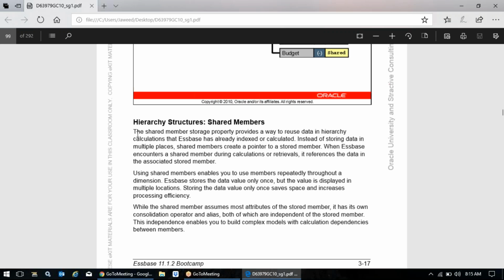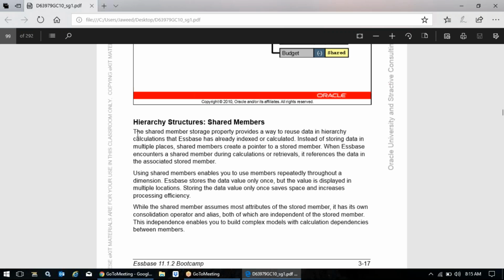So using shared members enables you to use members repeatedly throughout a dimension. Instead of having the same member over and over again, you just create a member, then mark it as a shared member. It shares the value from the original source. Essbase stores the data value only once, but the value is displayed in multiple locations.